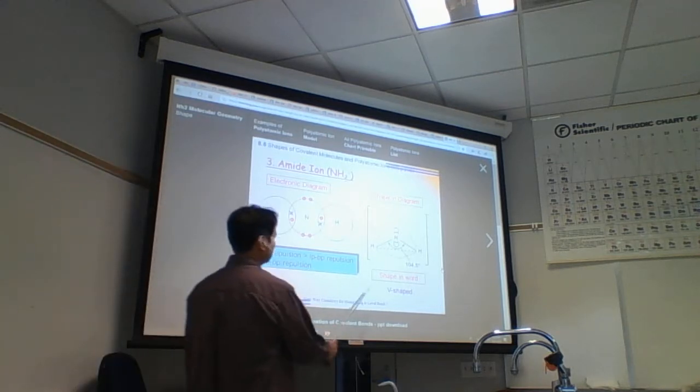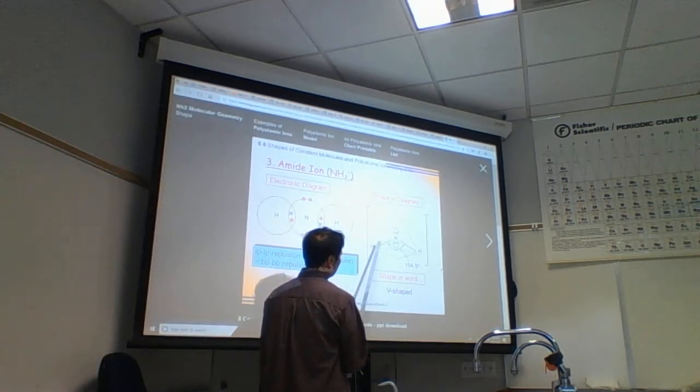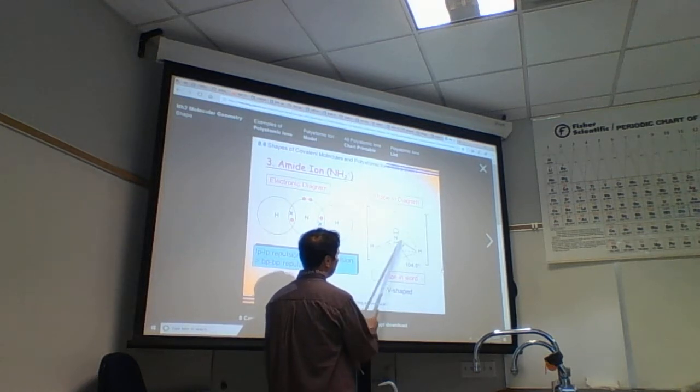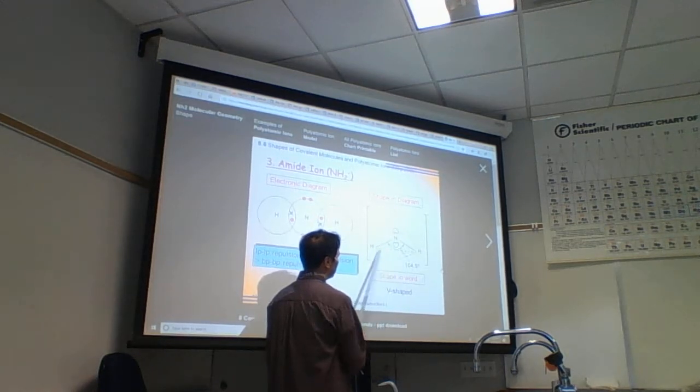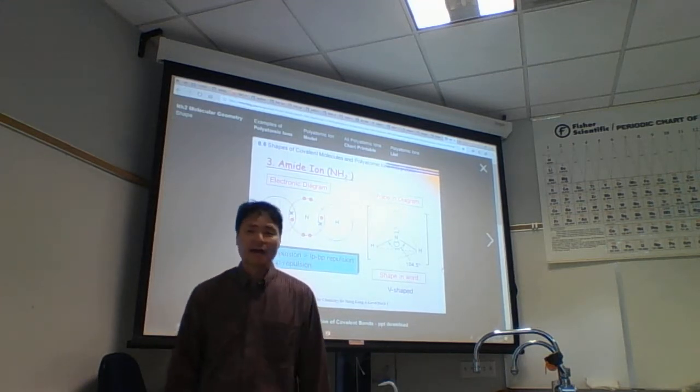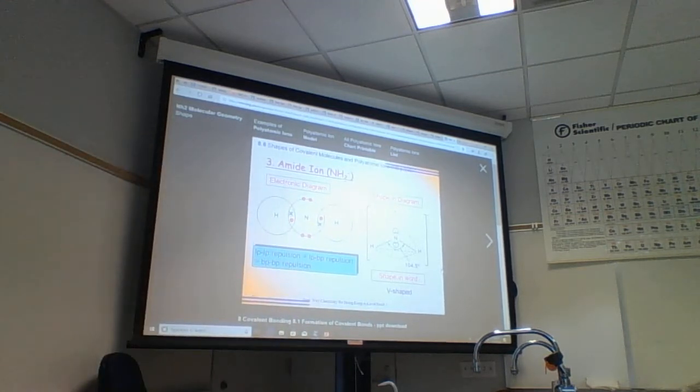It's like water. Actually, if we look at the Lewis structure of water, water is H2O, so it's an HOH, and then there are two lone pairs to complete the octet. So water looks exactly the same as amide, and so it has a V shape to it. The atoms have a V shape to it. The electrons have a tetrahedral shape, actually.